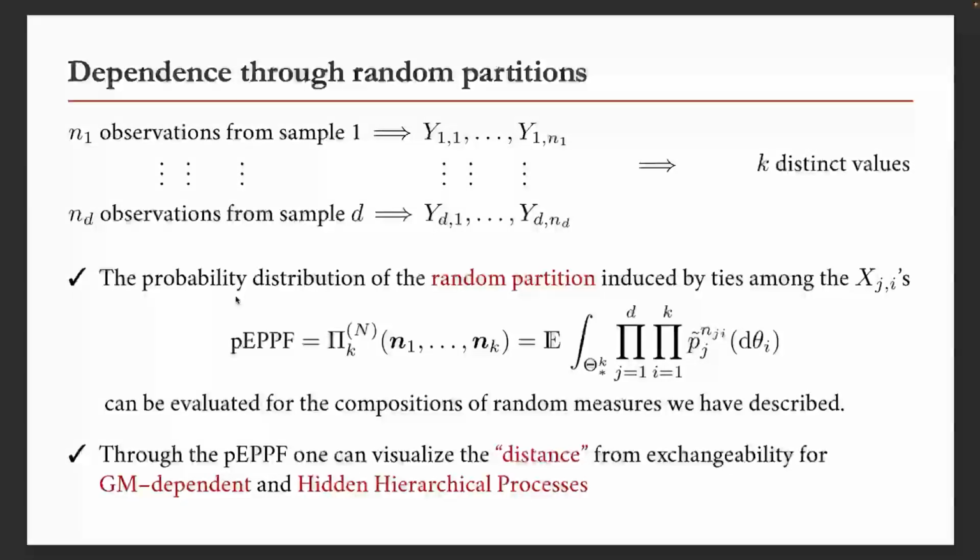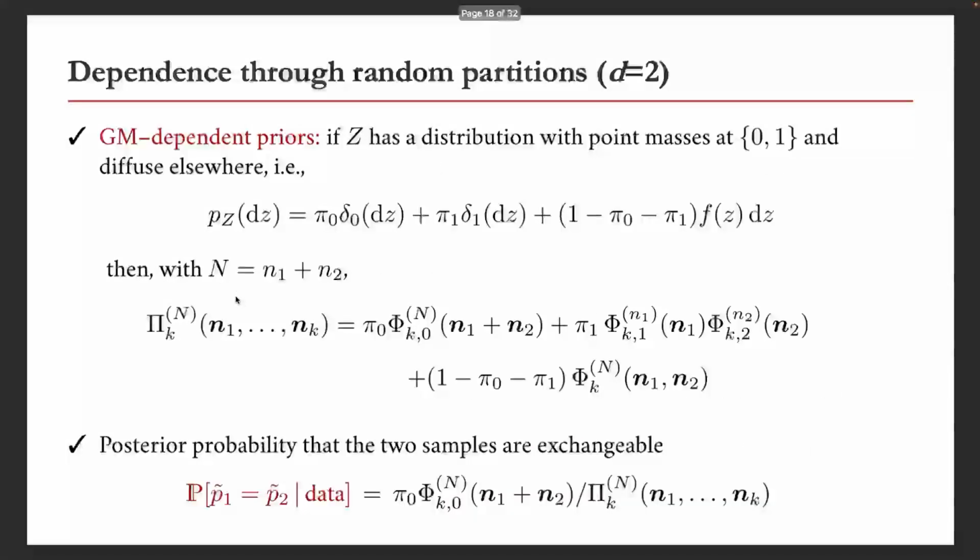So these data generate partitions of the integers that you can study using an exchangeable partition probability function, which in this case is actually partially exchangeable, that arises from this marginalization procedure. And in some cases, through this distribution, you can really measure the distance of your prior specification from these two extremes.